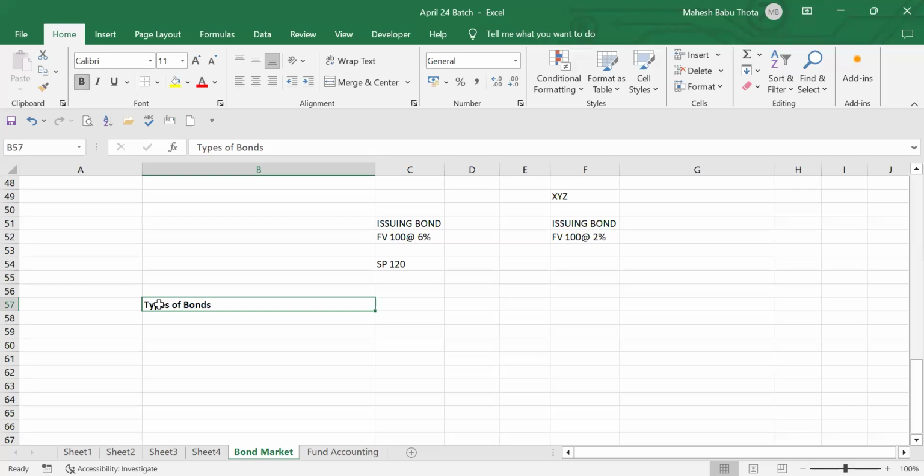Government bonds, corporate bonds, municipal bonds, treasury bonds, callable bonds, puttable bonds, zero coupon bonds, perpetual bonds, deferred bonds, mortgage bonds, high yield bonds.